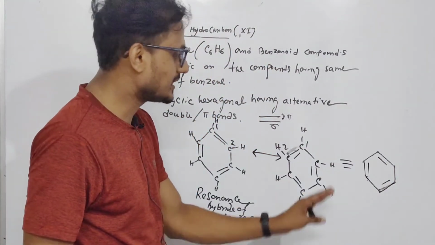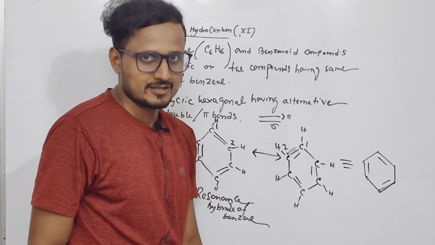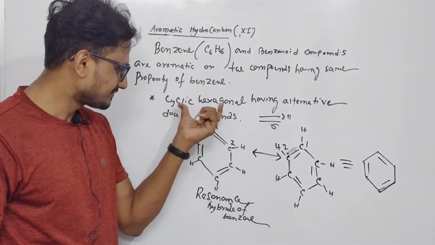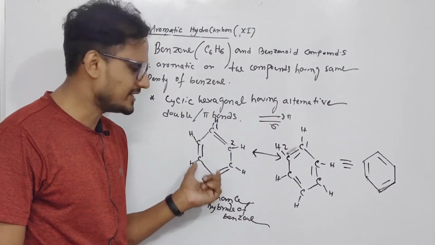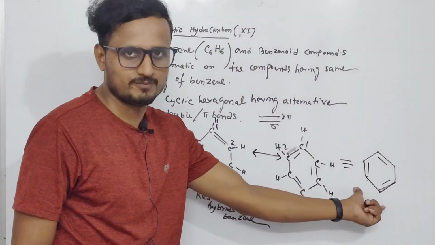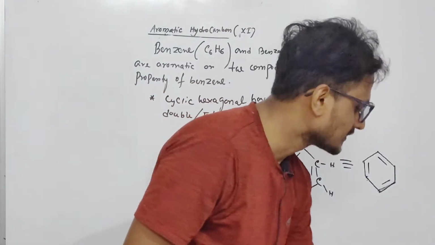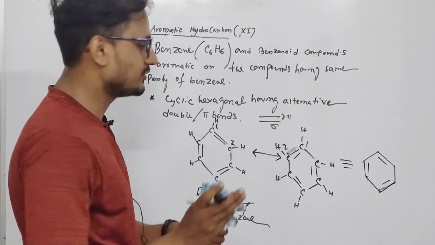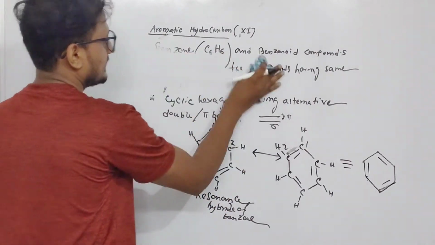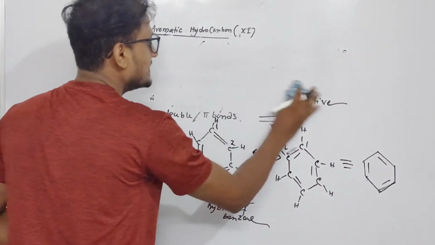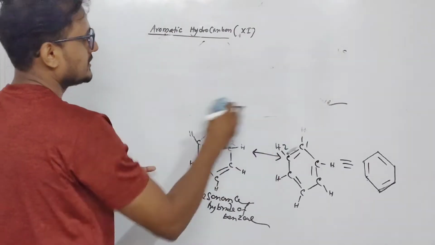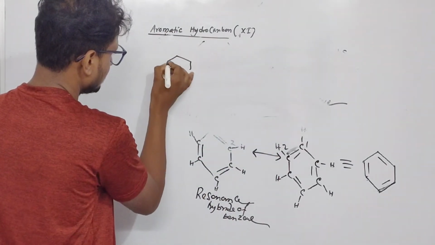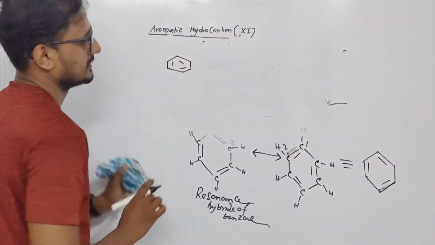Hydrogens will not be shown. This is the actual structure of benzene. So this is the actual structure of benzene having carbon and hydrogen, and this is the skeletal form of benzene. Okay, so I think it is clear to all of you. Now we'll see benzene like this only, this one. This one is benzene.